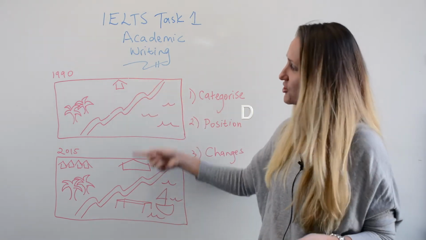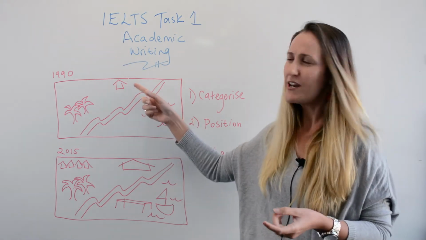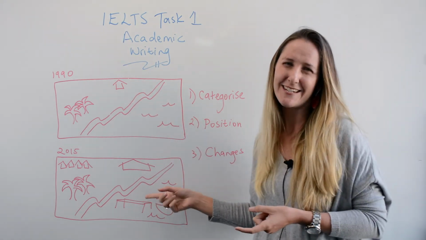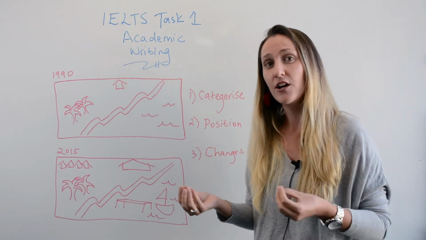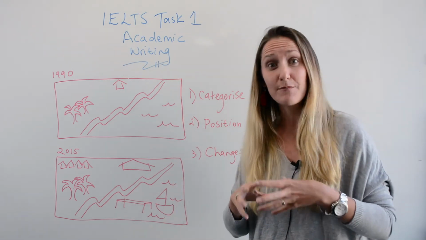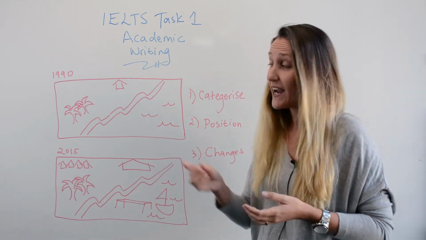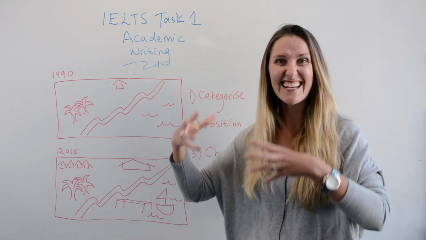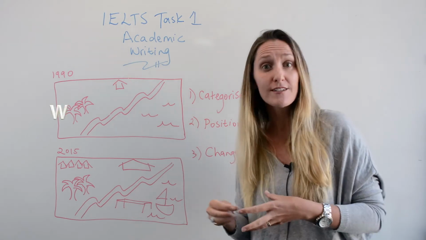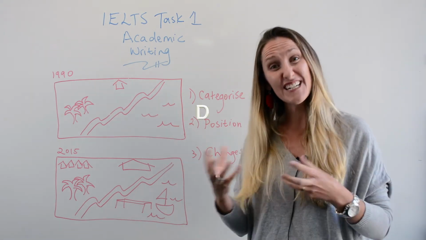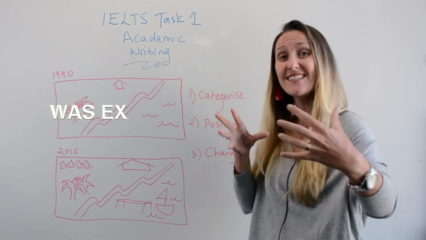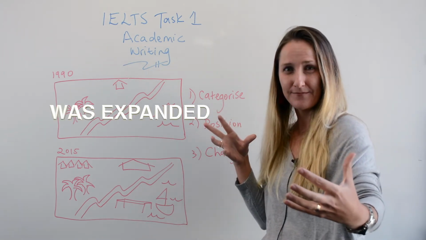If we're describing the change in the shop here, we know that the shop already existed, so we can't really use the verb build or construct. We need to use a verb that describes the change. So, in this case, we could say extended. The shop was extended in 2015. Or expand. The shop was expanded.